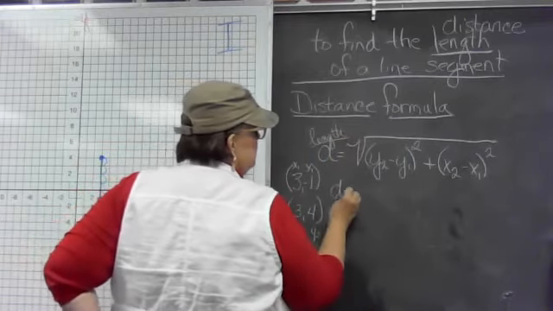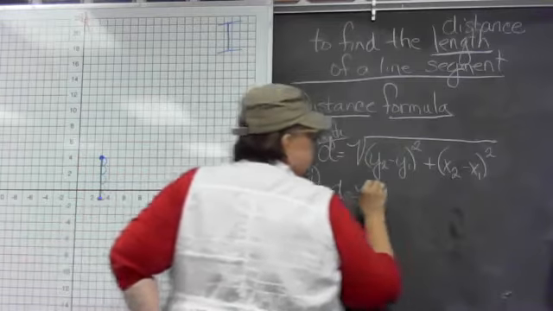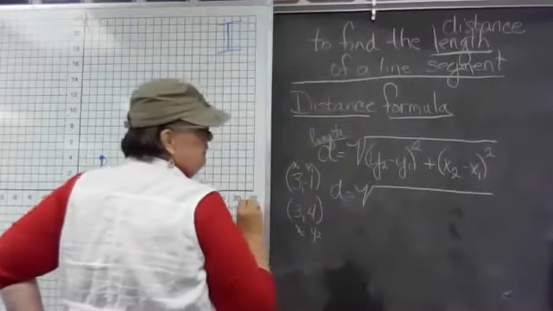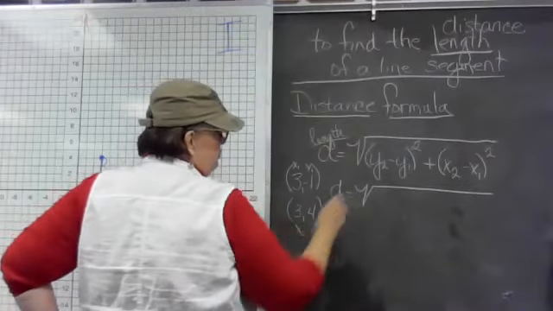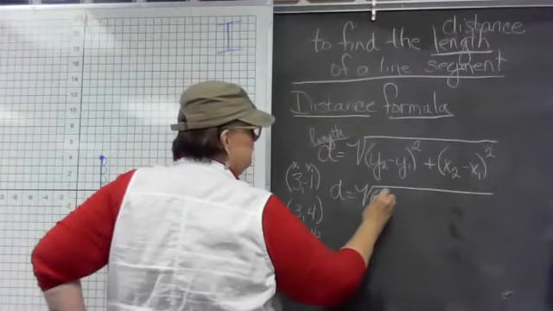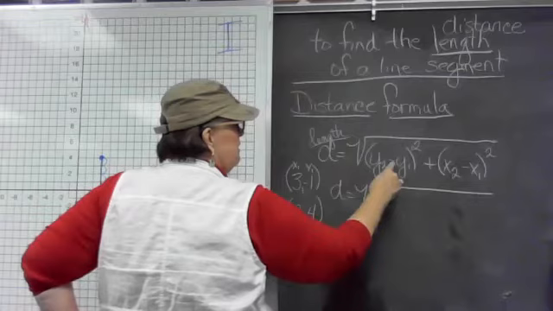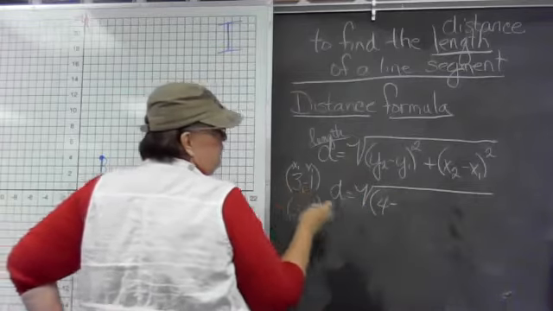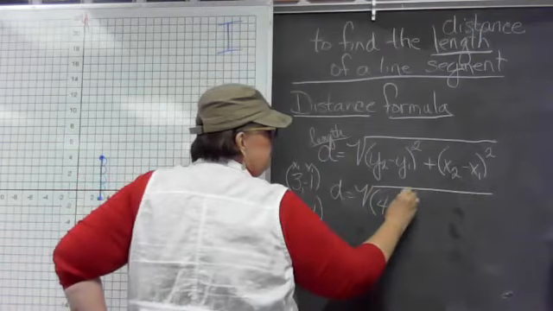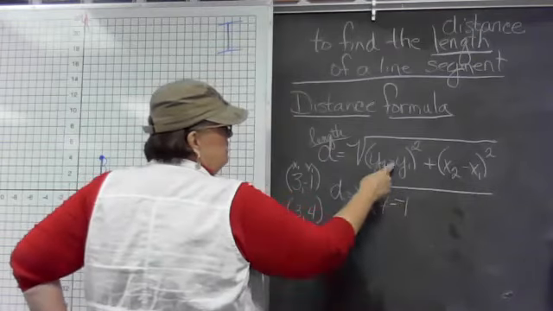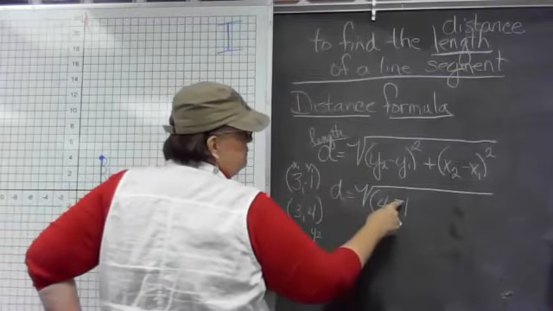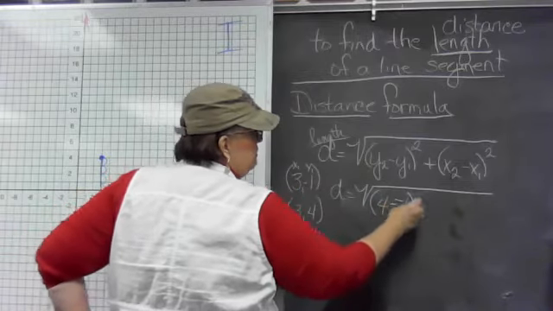equals. So D equals. And we're just going to copy and plug in values where they need to be plugged in. Y2 is 4 minus Y1 is -1. Remember to use the minus from here, the negative from here. So sometimes you're going to have both of those together.